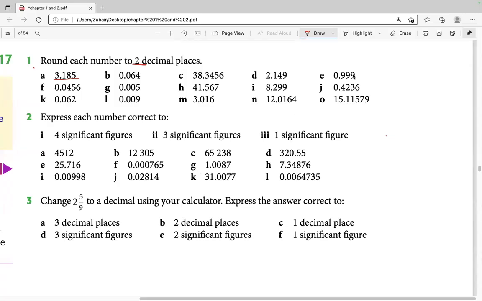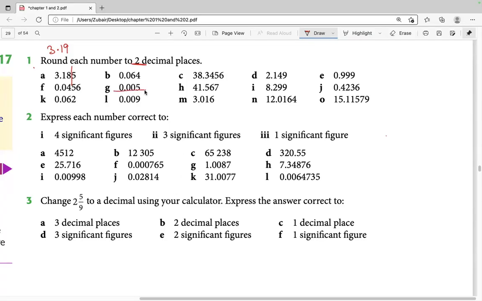What I do is, you don't have to physically write this line, but I always do this in my mind. Examiner is asking me 2 decimal places, so I just draw this line in my mind and I write 3.1. Before writing it, I decide whether I have to round it up or not. That is 3.19. Answer was correct.